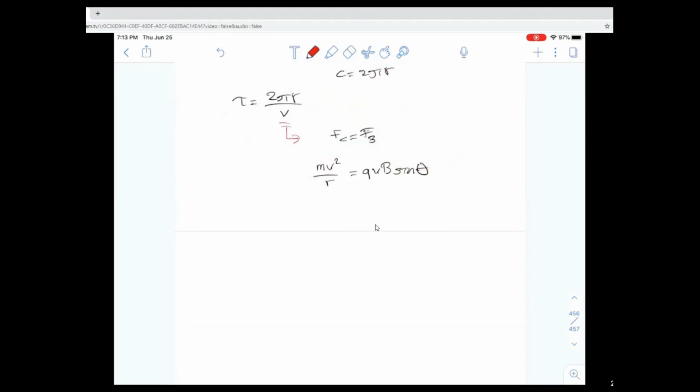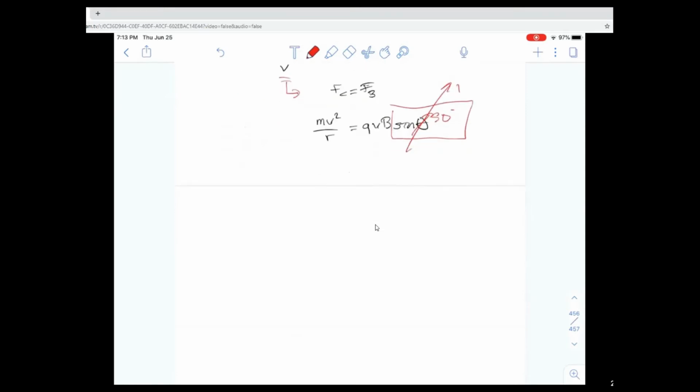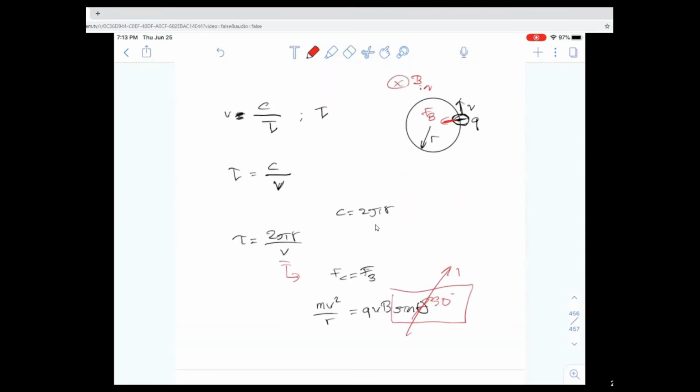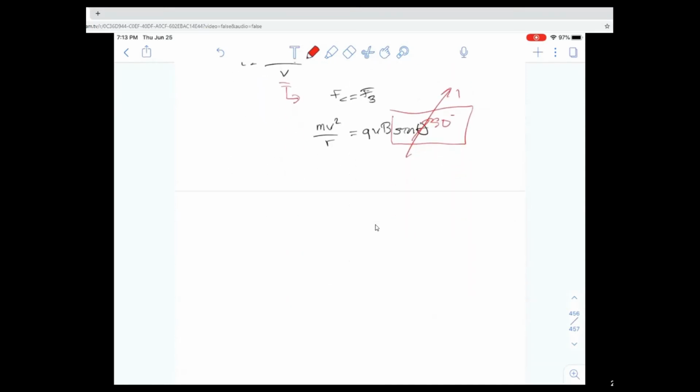All right, so that term becomes 1. What is it that we are solving for? We are interested in V. So let's isolate V from M. I got my cancellations, get rid of M, multiply both sides by R, and that's it.